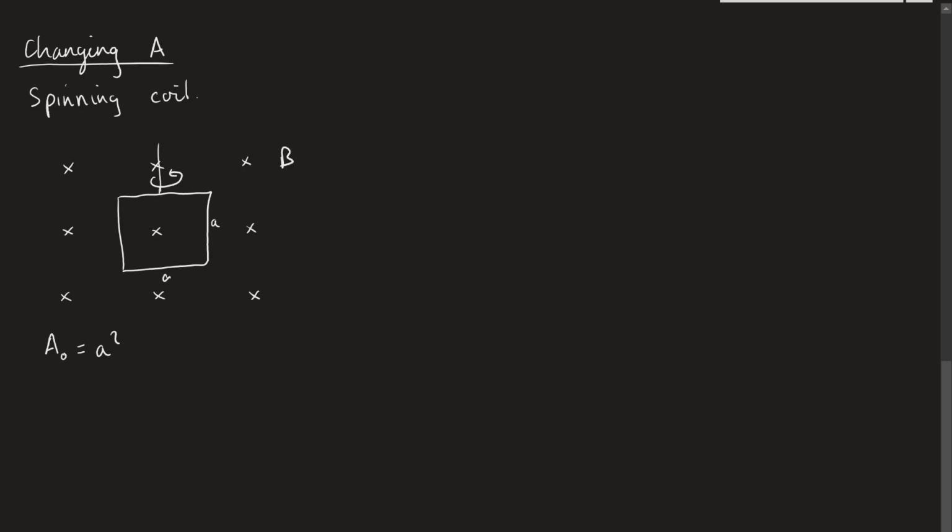So what we said in that video was that I could define flux linkage in this case as being phi N is the same as BAN cos theta. Okay, where we said that theta is going to be the angle which I've rotated it around.